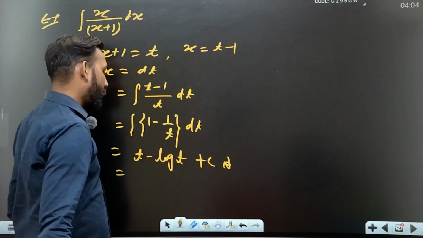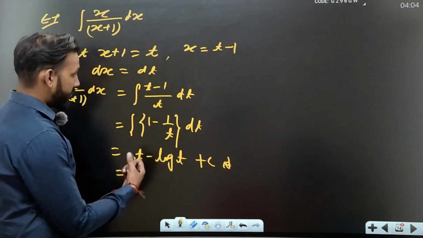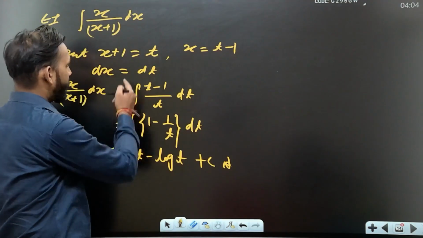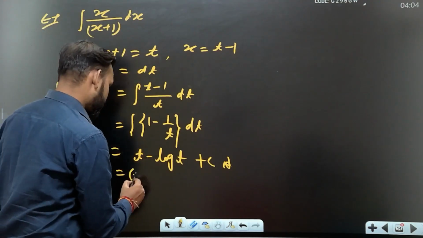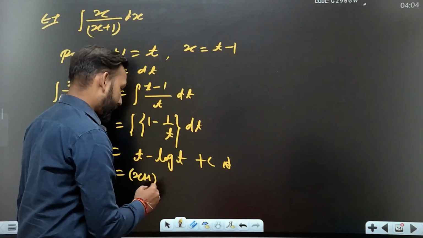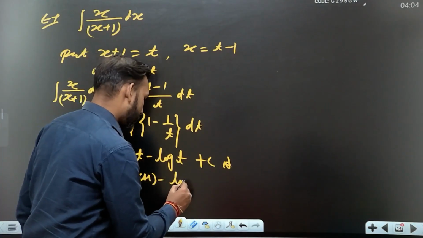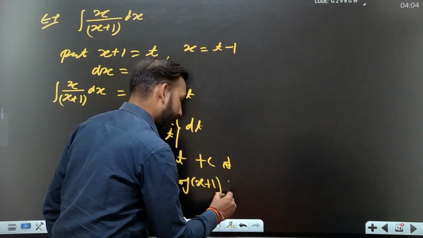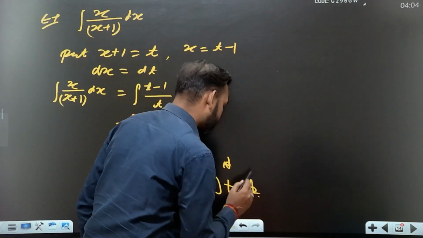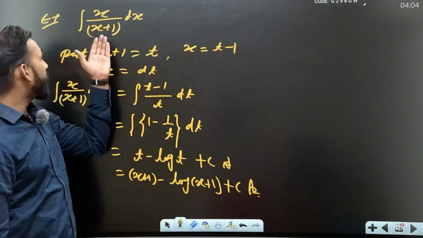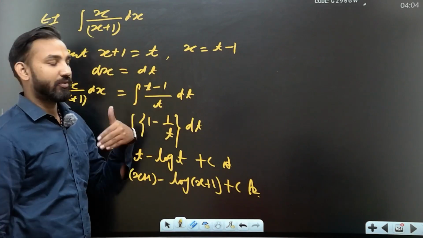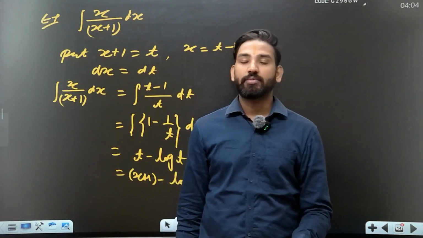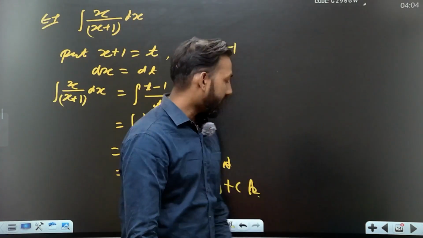Okay, and if we want to give the result in terms of x, it is also the same: put the value of t, and t is x plus 1, so we get x plus 1 minus log of x plus 1, and this will be our final answer in terms of x, because our given question is in terms of x, so we have to find the answer in terms of x also, right.